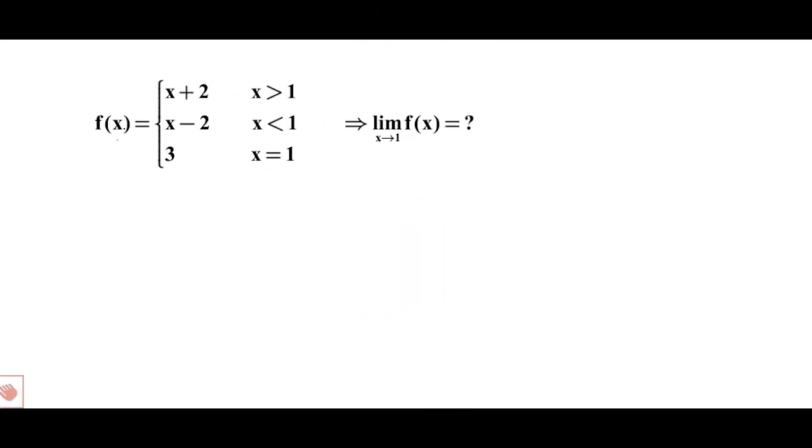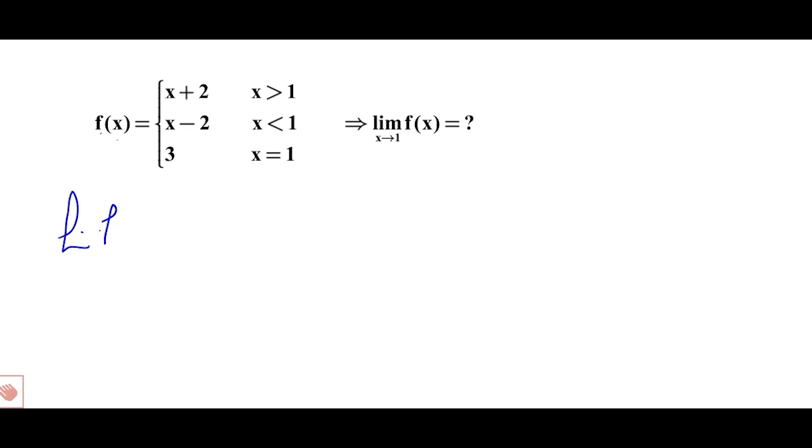For example, if f of x is equal x plus 2 if x is greater than 1, and x minus 2 if x is less than 1, and 3 if x is 1. So what is the value of the limit of f of x as x approaches 1? So first, left hand limit.